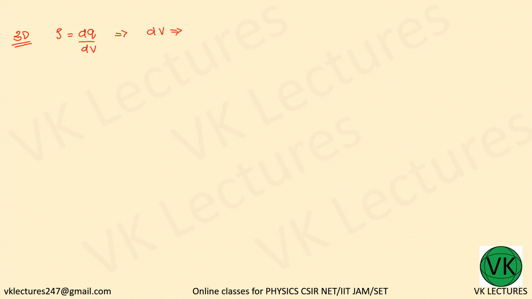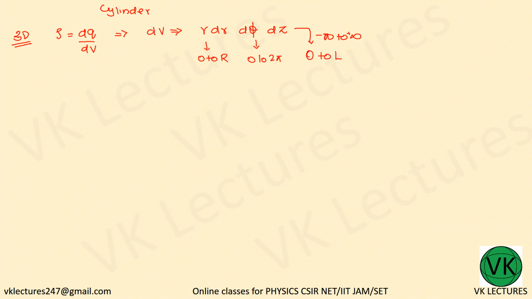First let us consider a cylinder. dv is r dr d phi dz. r is ranging from 0 to capital R, phi varying from 0 to 2 pi, and z varying from minus infinity to plus infinity, but this one can be considered as a finite cylindrical box, so you can range from 0 to capital L, where L is the height of the cylinder.